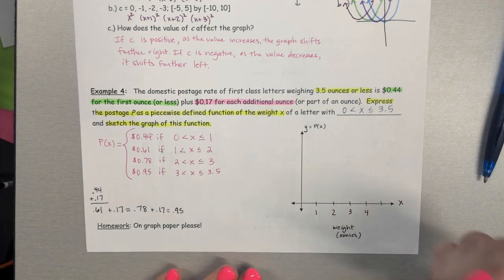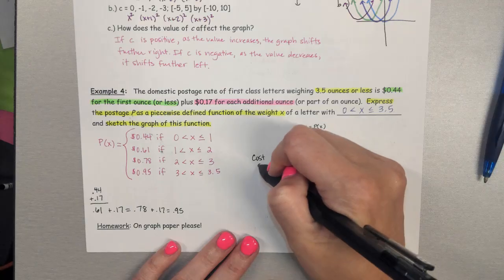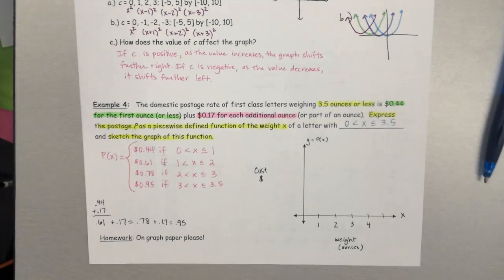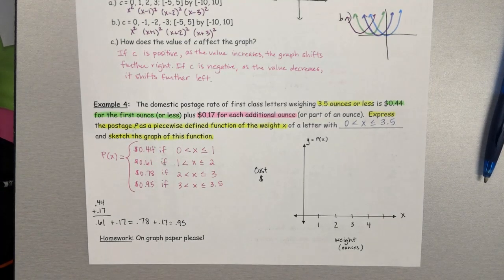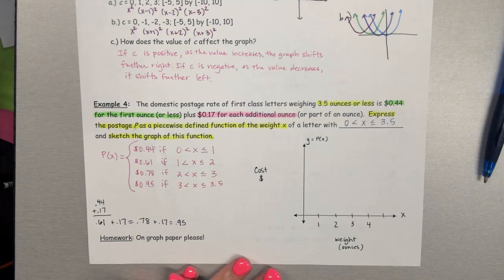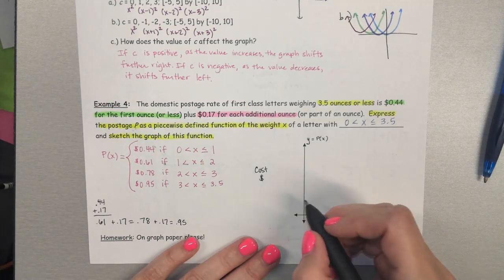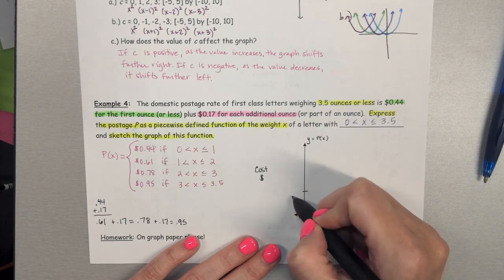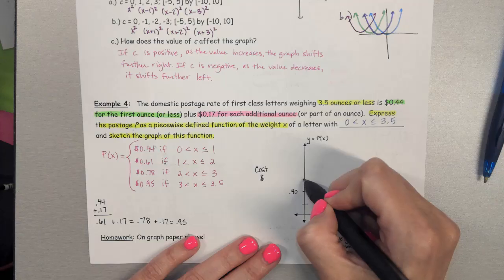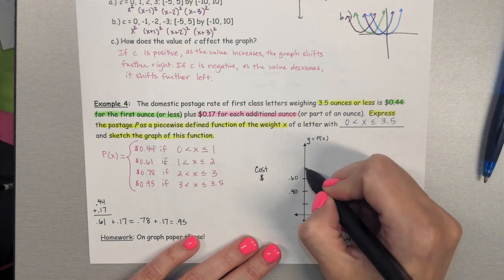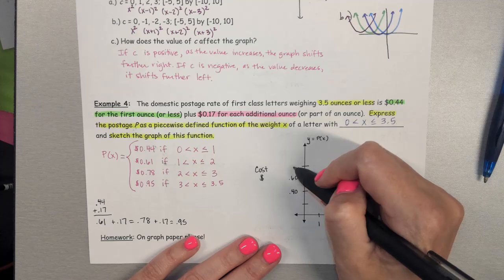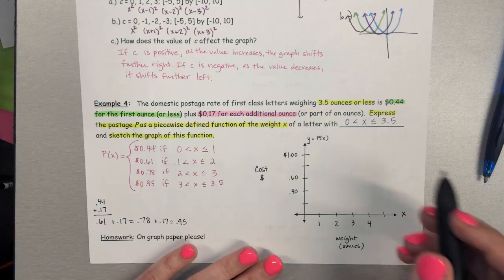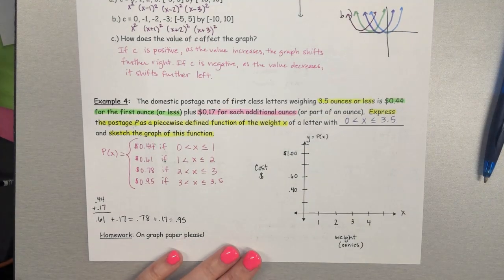Our P of X is going to be the cost in dollars. Okay, so I have 44 cents up to 95 cents. So I would just go by intervals of 20 cents. You can decide if you want to go by 10. So 20, 40, 60, $1.